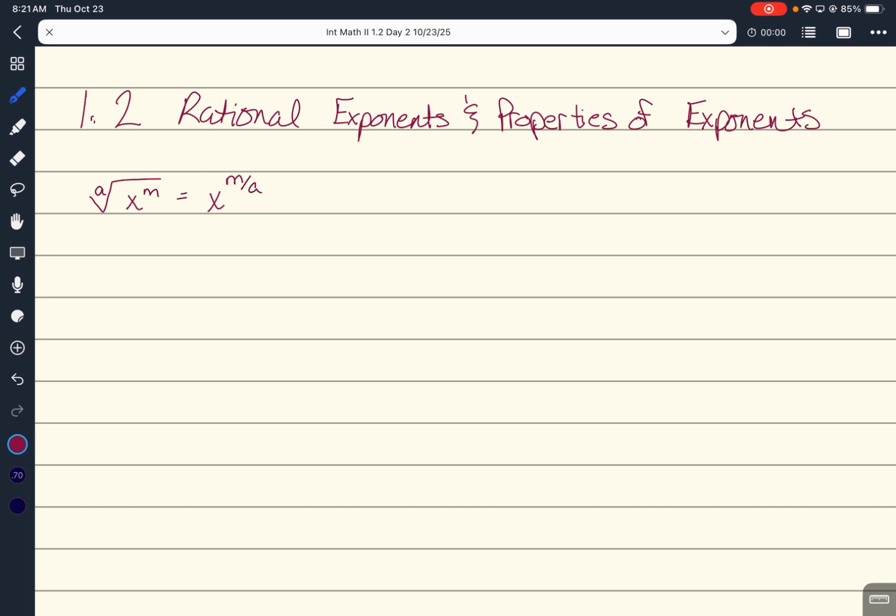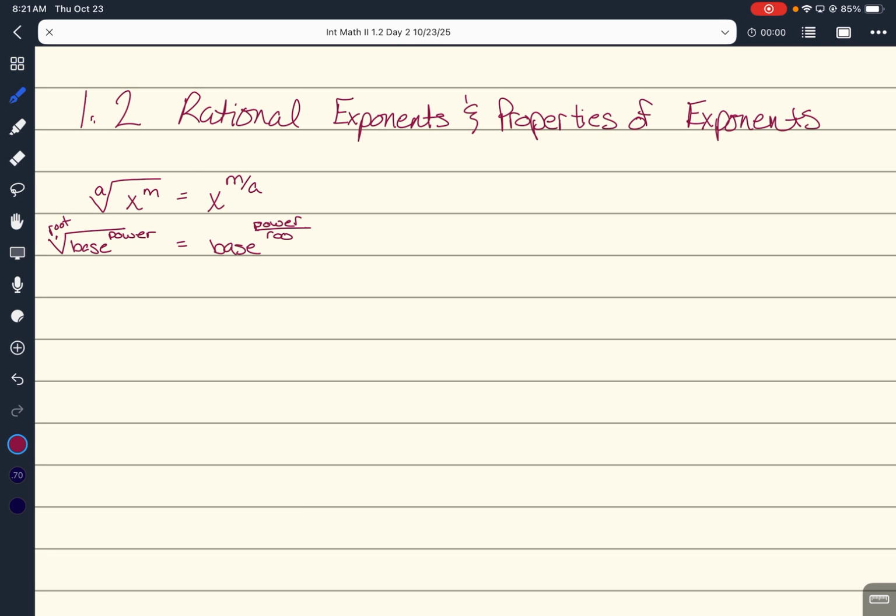So it's the base. The root is here. Base. Power. So it's the base, the power over the root.